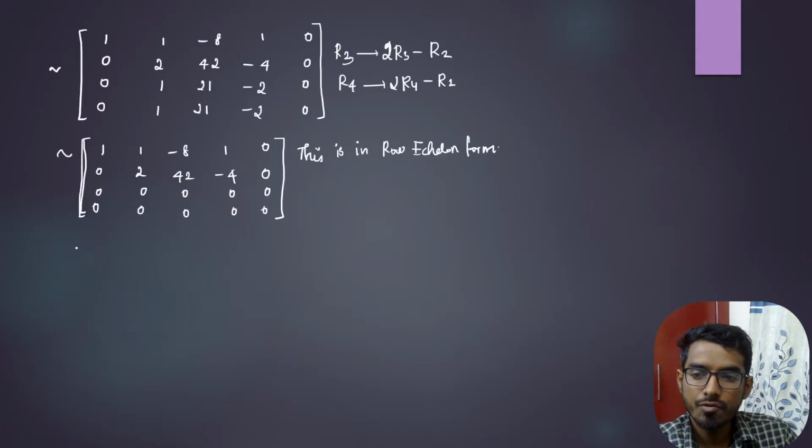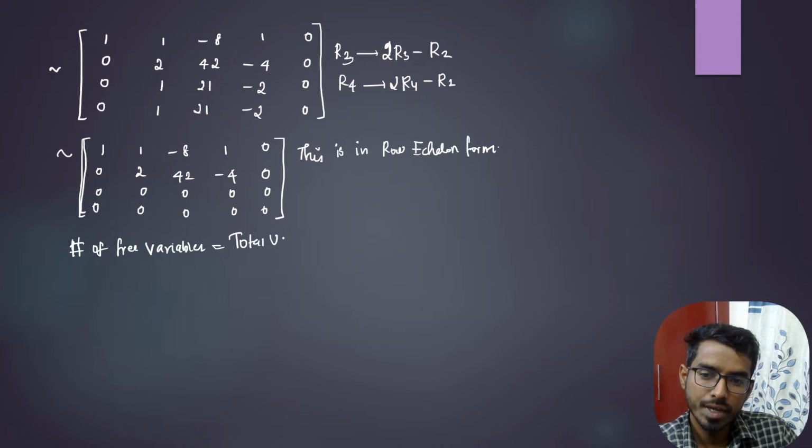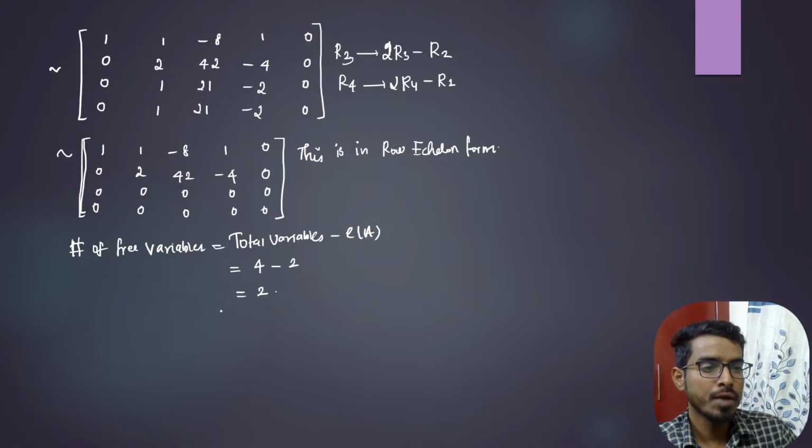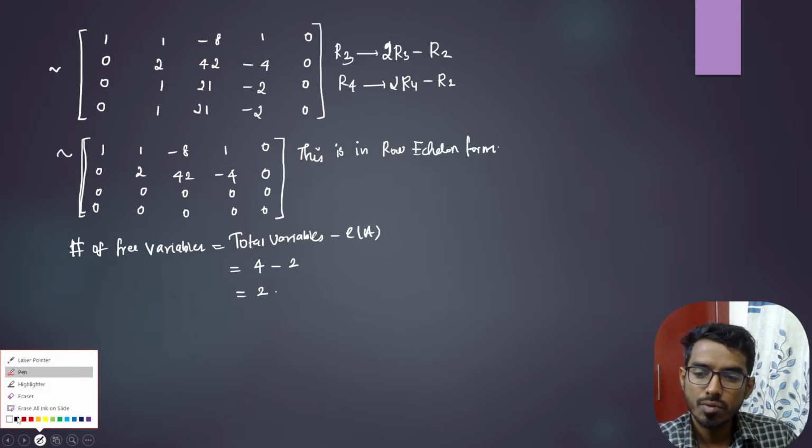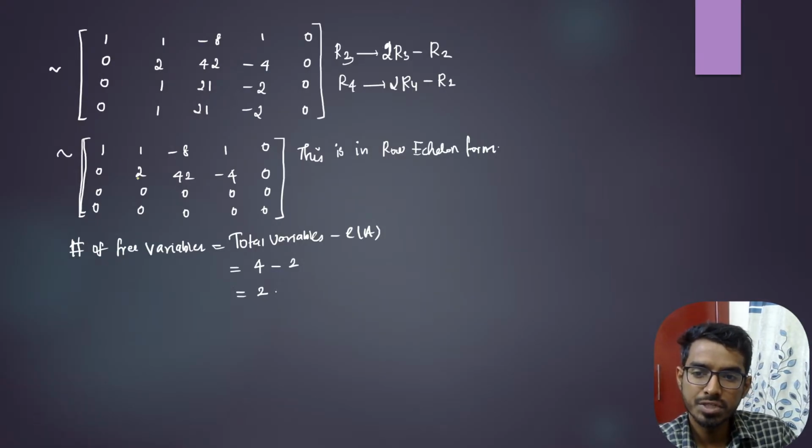Number of free variables is equal to total variables minus rank of A. Total variables is 4, rank of A is 2. So we have two free variables, right?